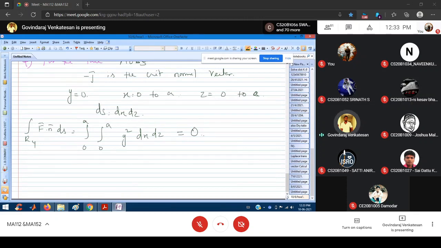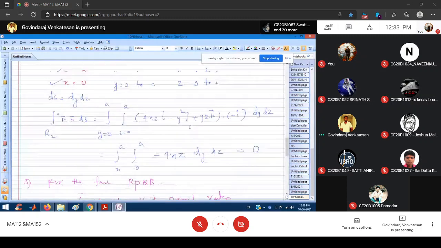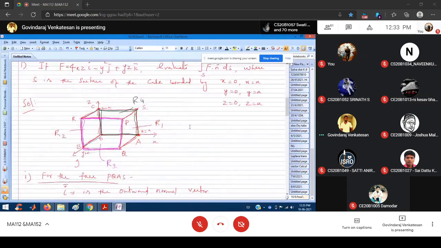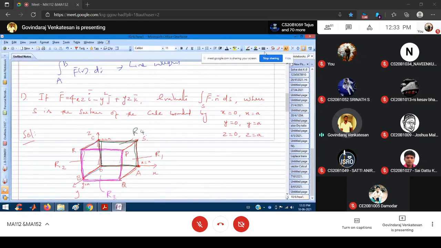So now we move to face number 5. What is face 5? So now we have to see face 5 on the z-axis.